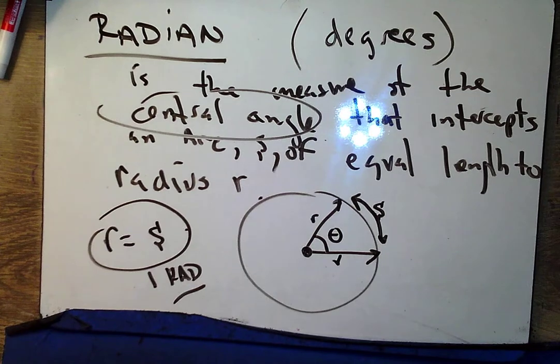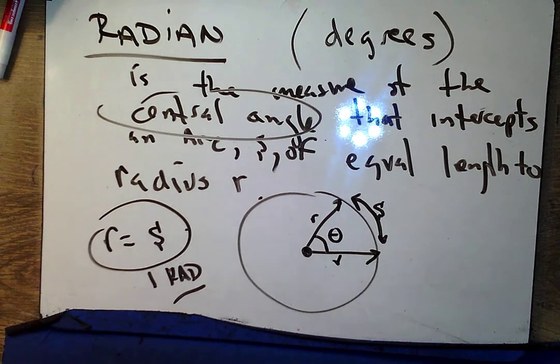Okay, now, sorry, I hate to say this, but it's remarkably few, the number of students who are able to sort of intellectually understand what this definition of radian is. All right?